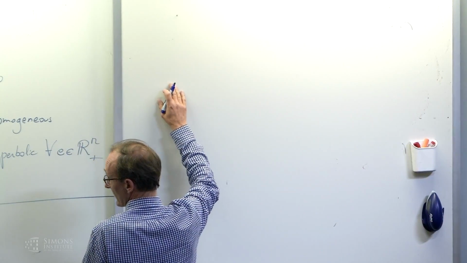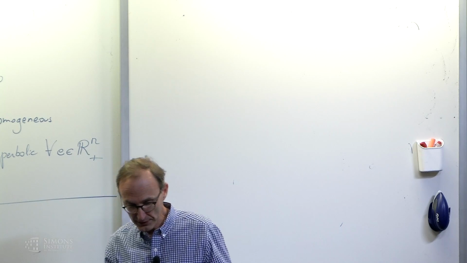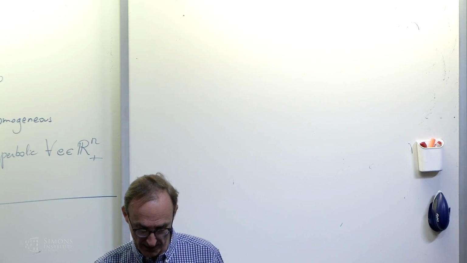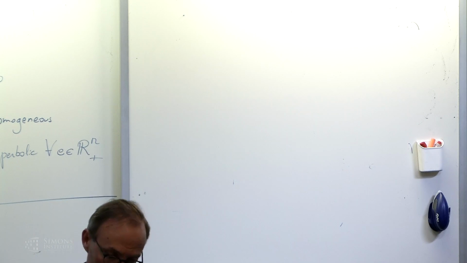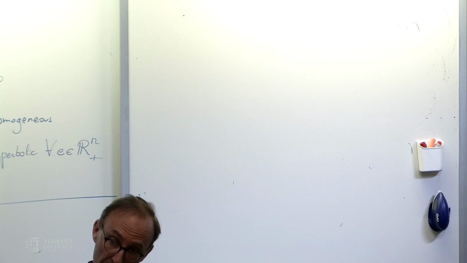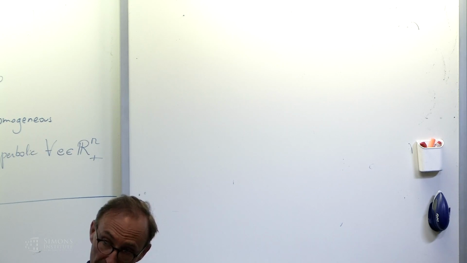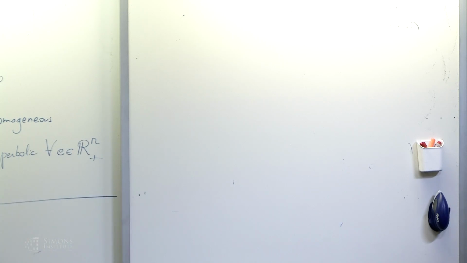I claim that if you have a hyperbolic polynomial in direction e, and you take a point in that hyperbolic cone, then the polynomial will also be hyperbolic in that direction. So let me prove that.